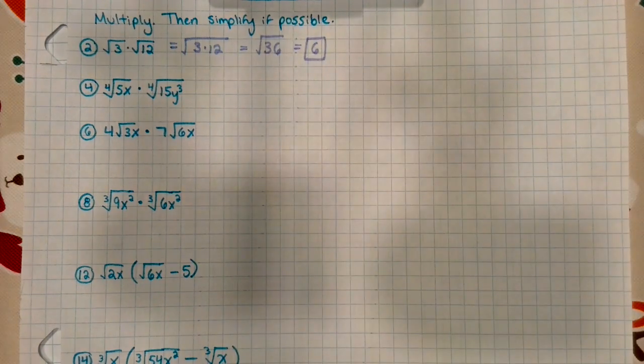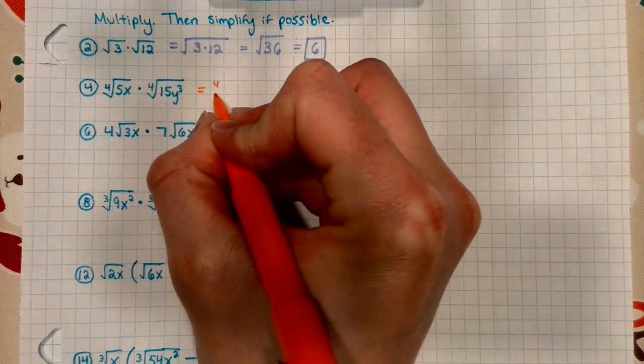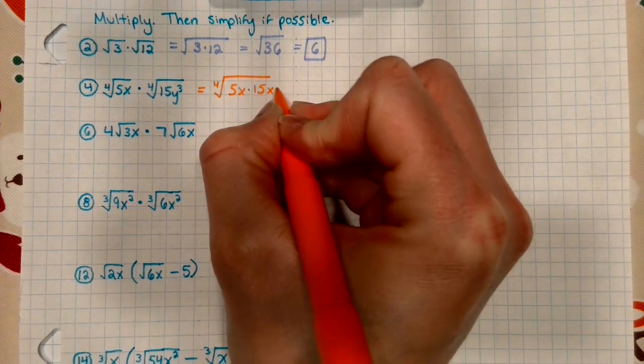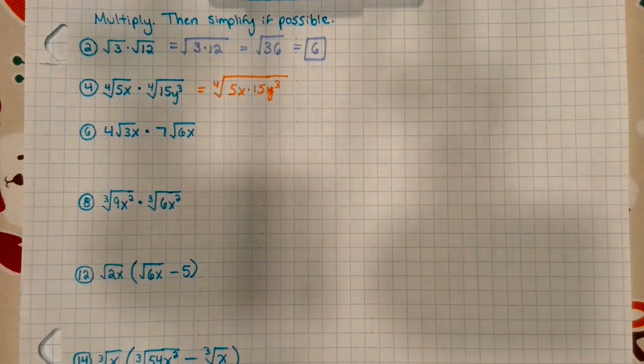For number 4, we're taking the fourth root of 5x times the fourth root of 15y cubed. So since these are both the fourth root of each of these expressions, we can again combine this. So now it says 5x times 15y to the third power, all underneath the same radical symbol.